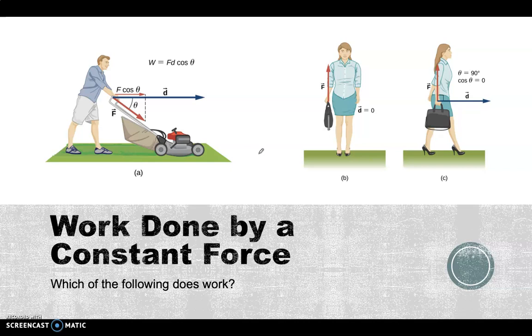So we are again looking at work done by a constant force. And we want to know which of these three has done work. So which of the following does work?